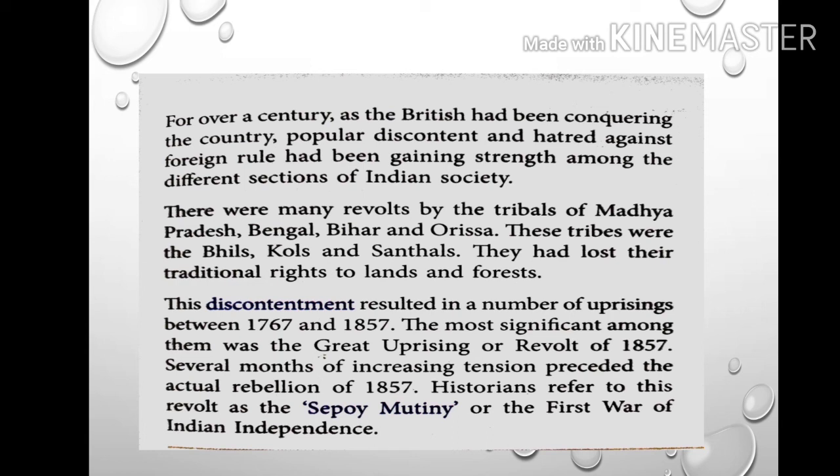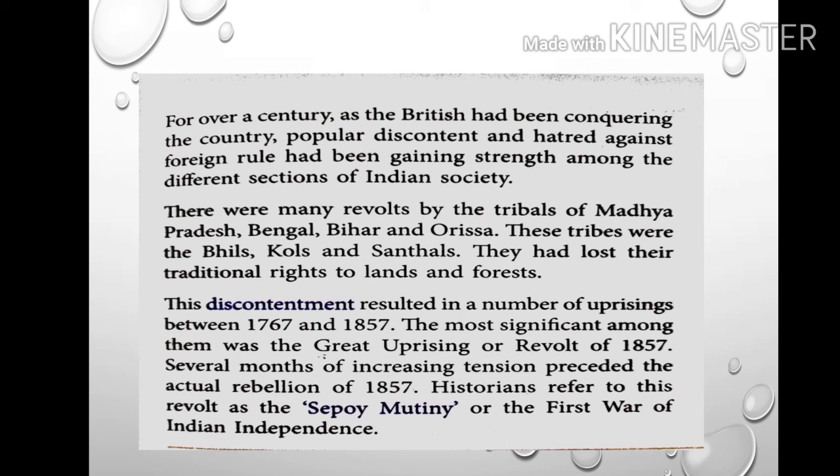Not only factories, they actually built forts, and these forts were fully equipped with arms and guns. They started taking control over the land, and their rule created discontent among common people, natives of India. Discontent means when someone is not happy with the situation, someone is not satisfied with the situation.